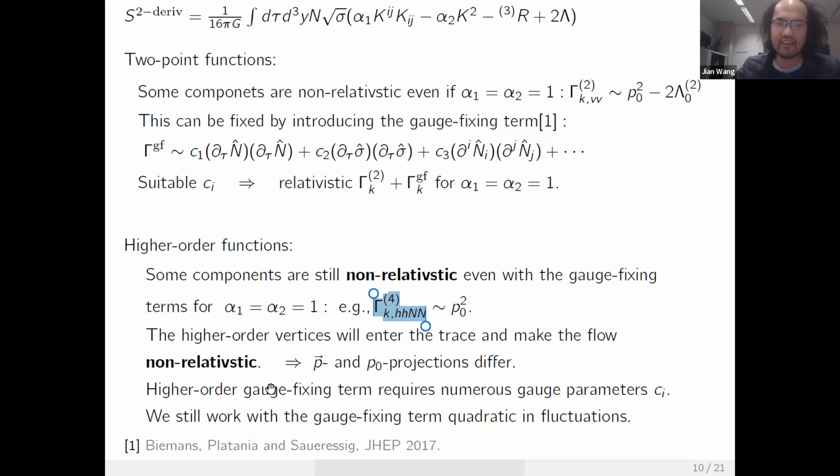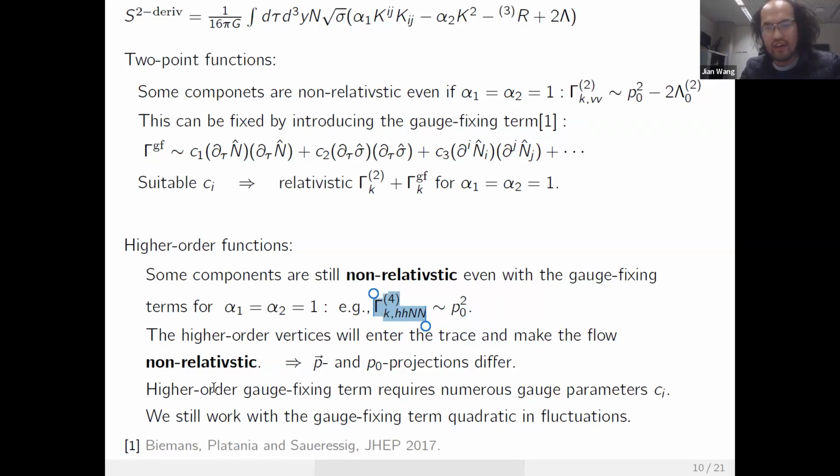But at the technical level, it's very hard to realize that, since usually the 4-point functions contain maybe several hundred or maybe 1,000 terms. That means we need to determine several hundred gauge parameters. So it's almost impossible to realize in the actual computation.